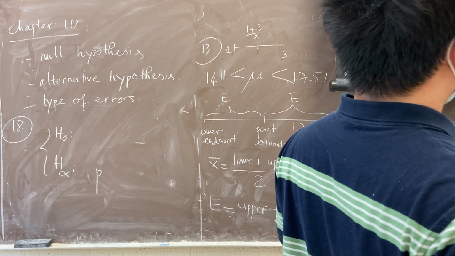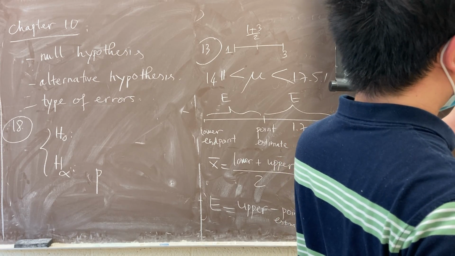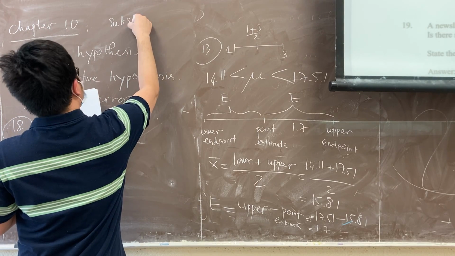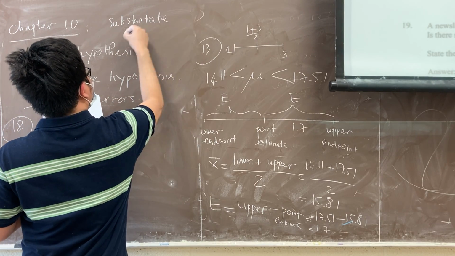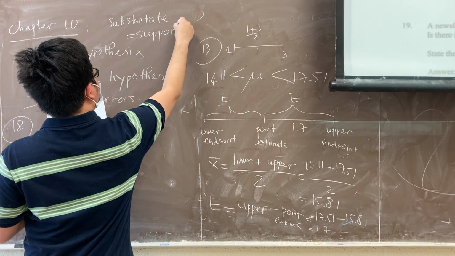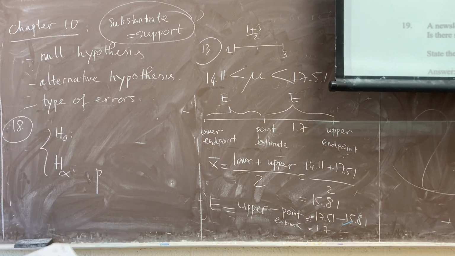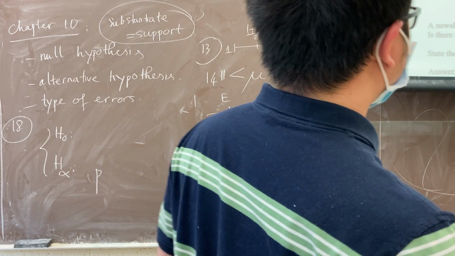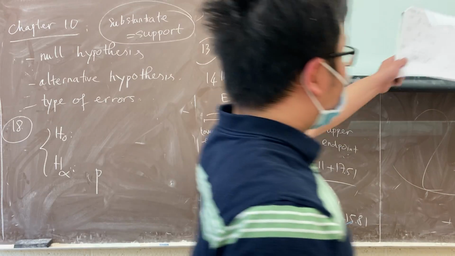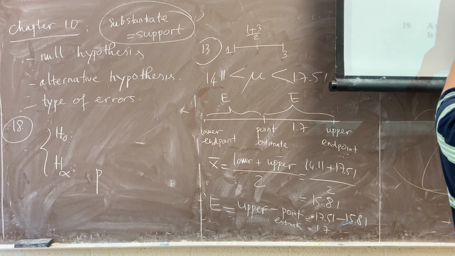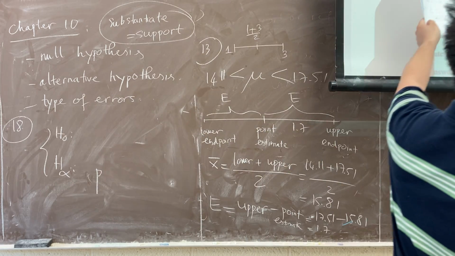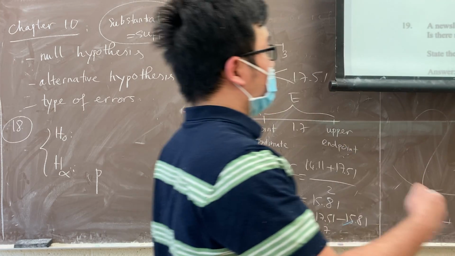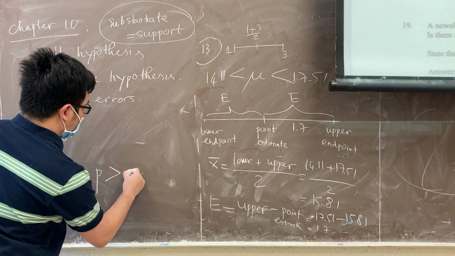And is there sufficient evidence at the level to substantiate this claim? Substantiate means we need to support this hypothesis, right? So the alternative hypothesis will agree with this statement. That means the population proportion will be greater than 0.3.